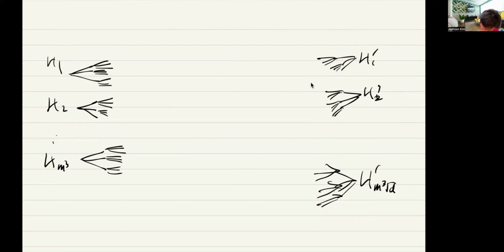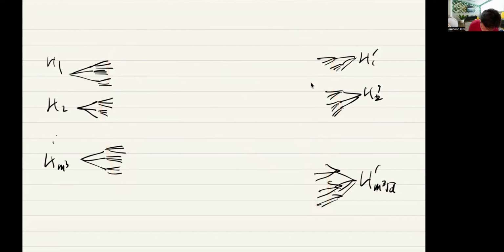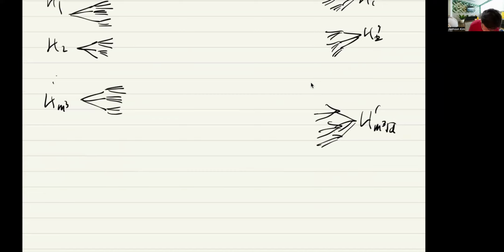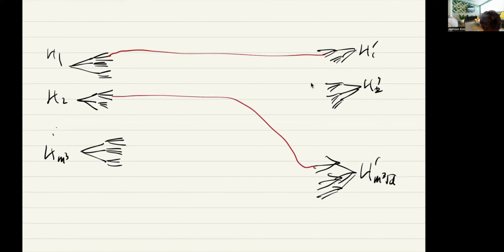But now we iteratively build paths between them. You can see that this exterior set and this exterior set are large, so that you can add paths. In fact, let's say you have already found some paths here, and here, and here.